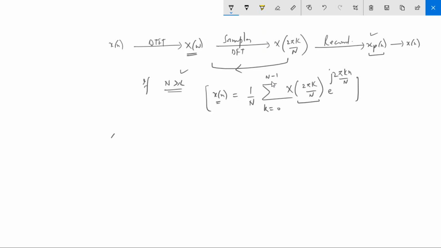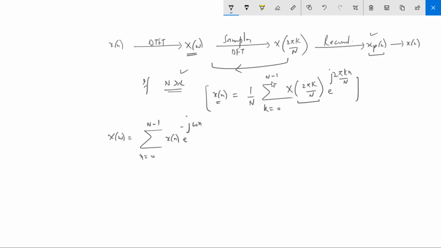Now how to get the original spectrum from the sample spectrum? Okay, so you can simply use the equation of the Fourier transform. X(omega) is equal to summation of x(n) e raised to power minus j omega n from 0 to N minus 1.